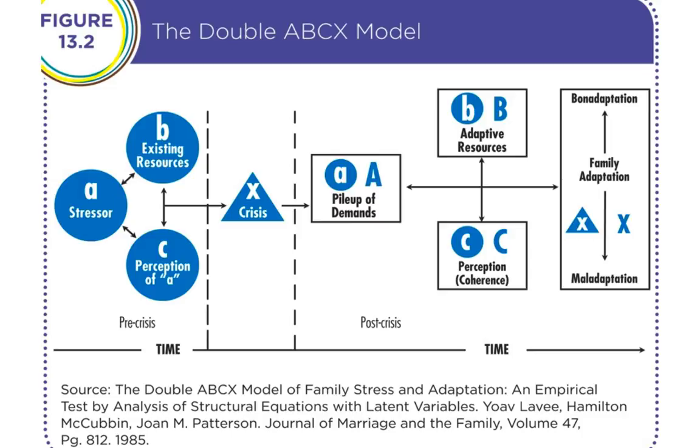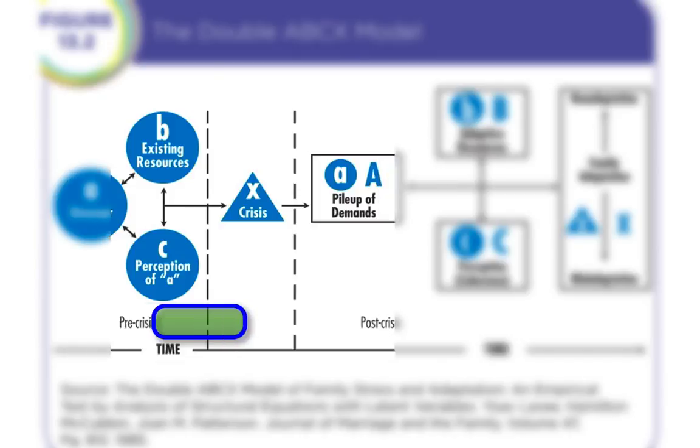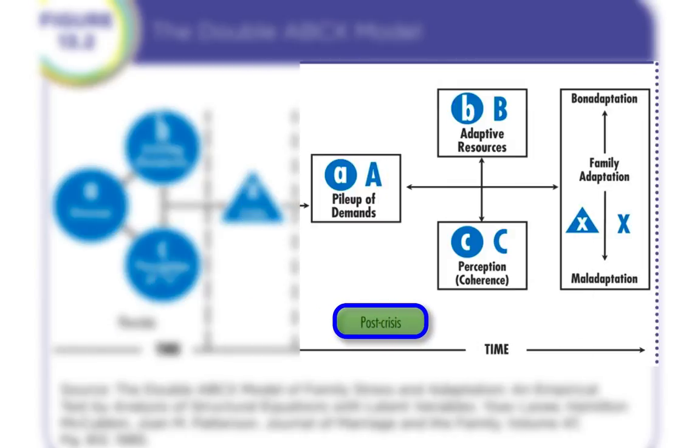The situation within the family or within the society may not be clear. And so you're having the typical ABC and X as the pre-crisis. And then the post-crisis would be the pileup of additional demands in conjunction with any adaptive resources that may be available to the family, and again, their perception of this experience.